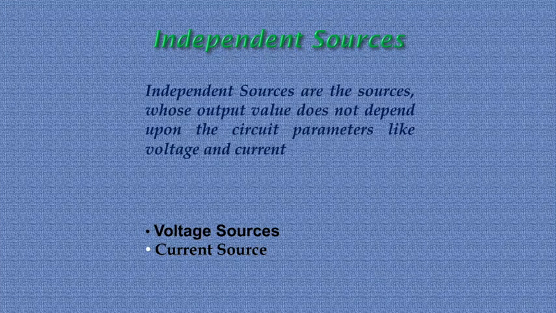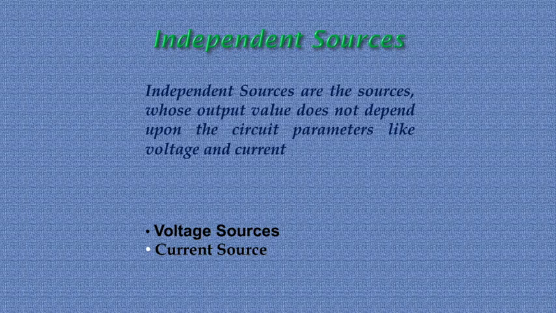Independent source. Strength of voltage or current is not changed by any variation in the connected network. The source is said to be either independent voltage or independent current source. In this, the value of voltage or current is fixed and is not adjustable.